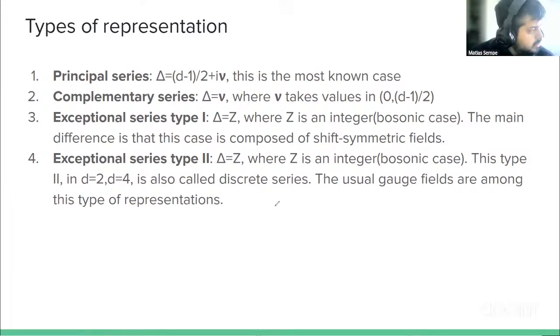I am not too sure, but I think in type 2, I know that we have a plus sector and a negative sector, but I think this is something that actually happens for the exceptional series.